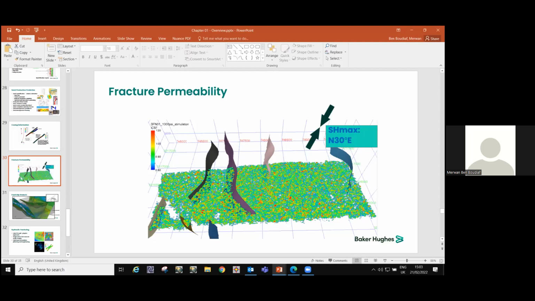But anyway, the propagation of CO2 through any pre-existing natural fractures can also be inferred by some geomechanical analysis coupled with dynamic modeling. Okay, thank you so much. I hope Raouf got his answer.